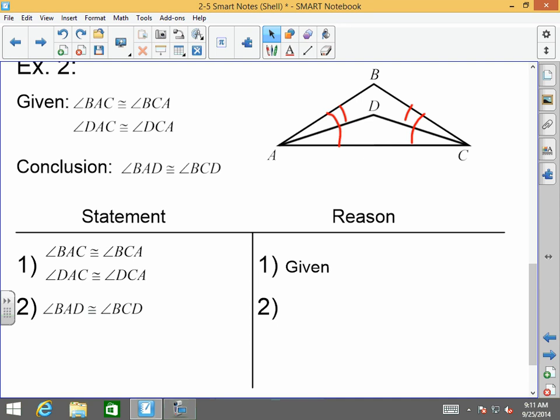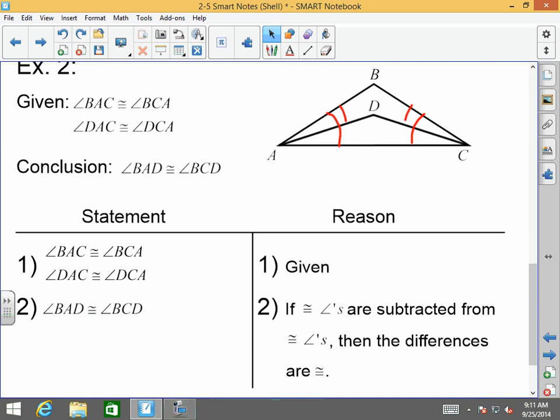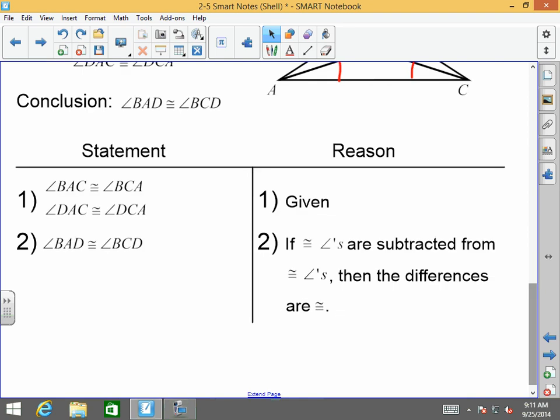Very good. If congruent angles are subtracted from congruent angles, then the differences are congruent. That would be the subtraction property. Does that make sense, gentlemen? And think about what we said.